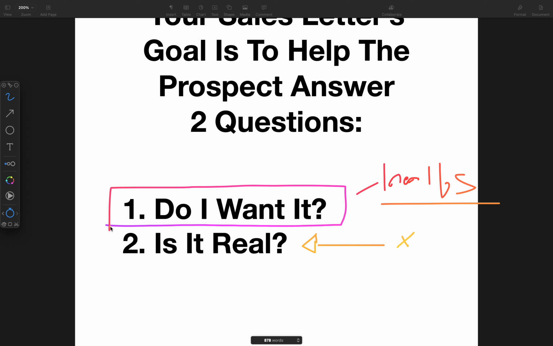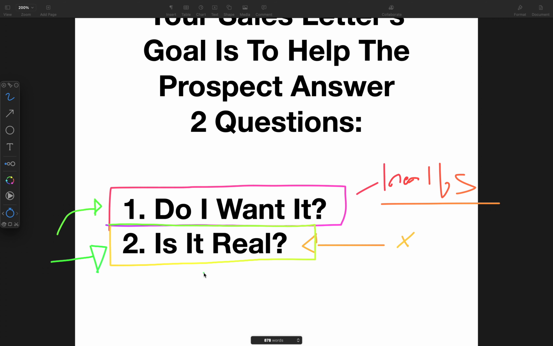So these 2 things are paramount to your success, right? And actually getting your prospect to identify that they want something isn't that difficult. What's actually really hard is getting them to believe that it's real. And so a lot of what people focus on is actually getting the prospect to buy in to what they're selling and identifying that, oh, this is a real opportunity, right?